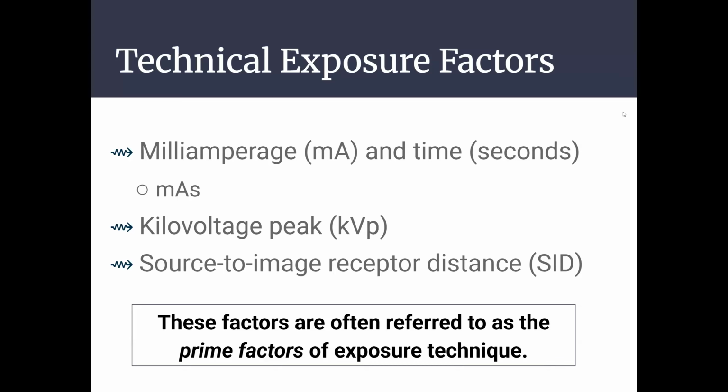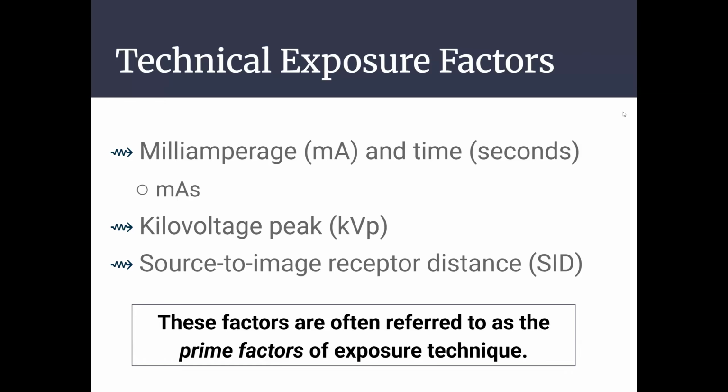We also need to choose the time in seconds. For how long are we going to expose the patient? When you put those two together, and that's going to be our first math problem when we get there, we call it mAs. Little m, big A, that's milliamperage. And then the S represents time, and that is seconds. So you put them together, we call that mAs.